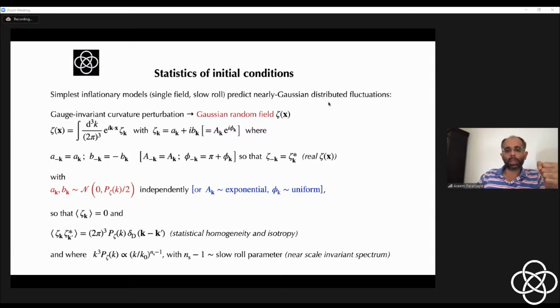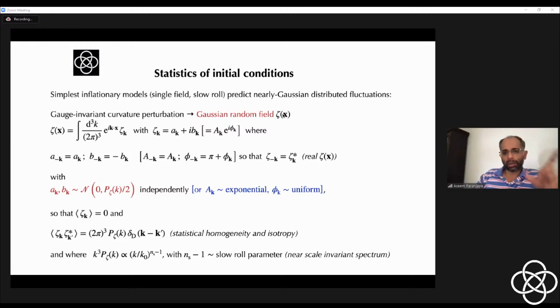So what is a Gaussian random field? You can think of it as the association of a number with every position in space. My positions in space are labeled by x, and the number that I'm giving to every position x I will call zeta. So I get a field because this is a number as a function of all the positions in space.